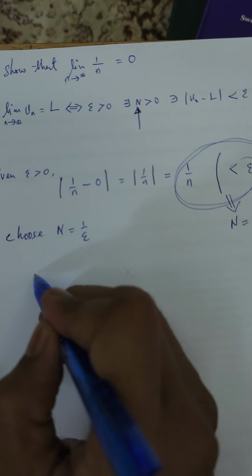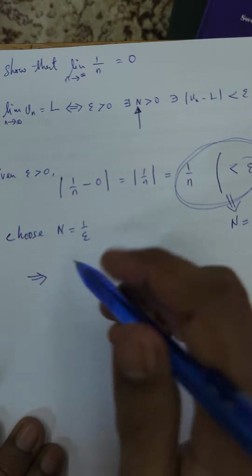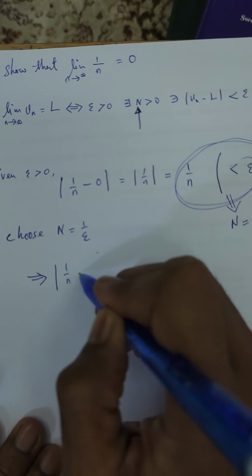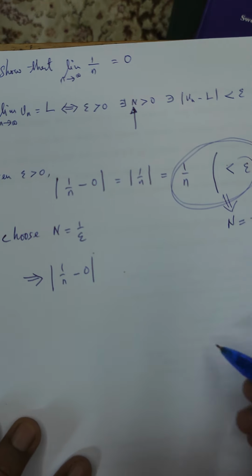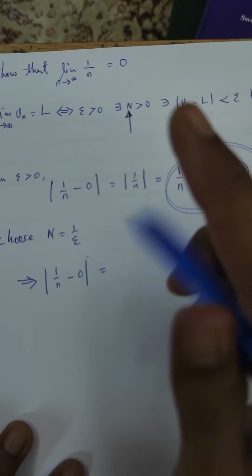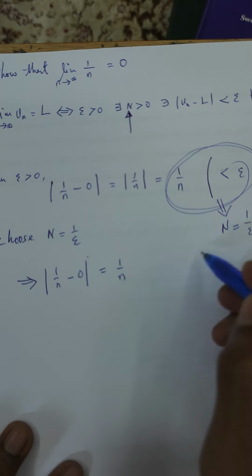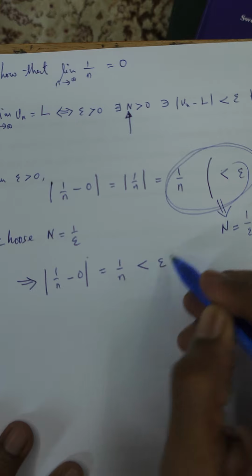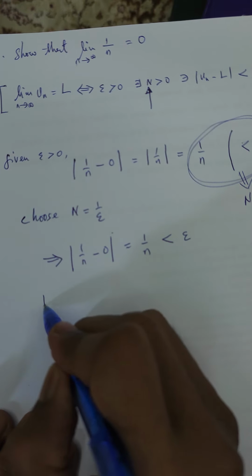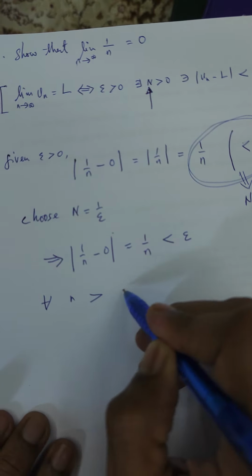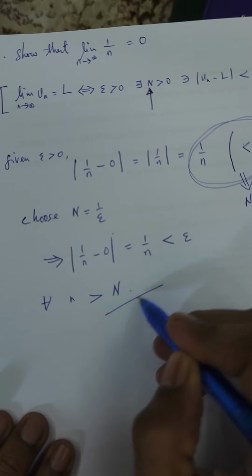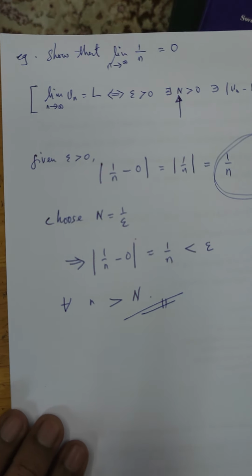So what we have now, because of that choice, is 1 over n minus 0. We can show from here that this is 1 over n and this is less than epsilon for all n greater than N. So this is your solution.